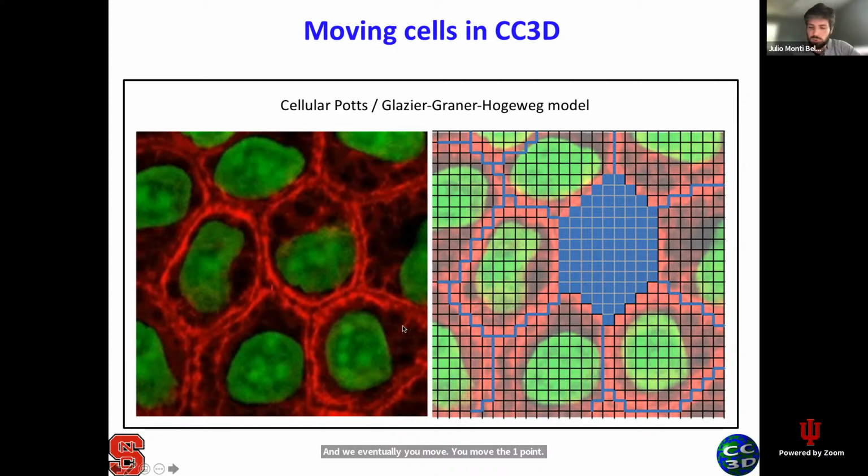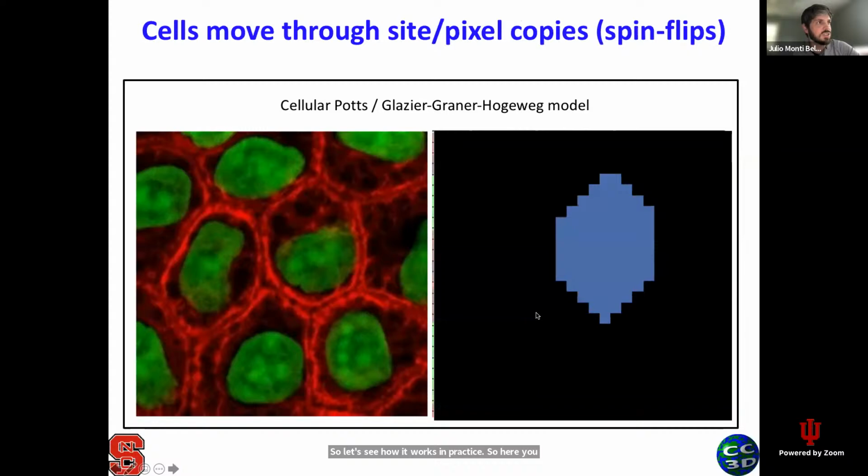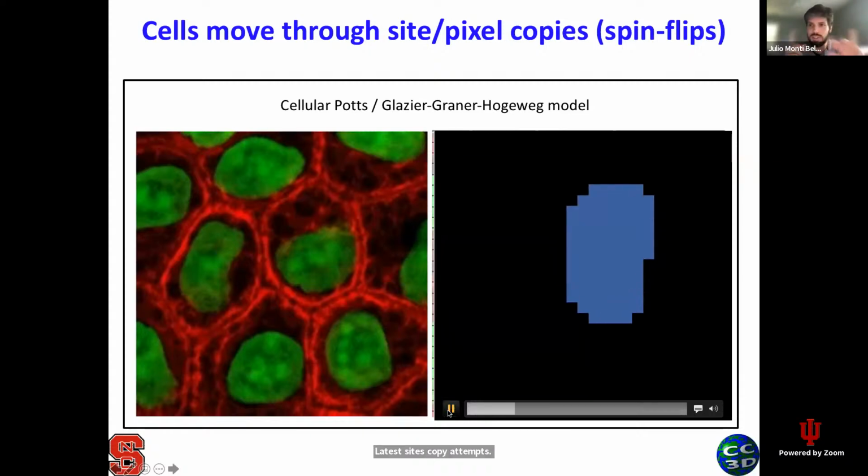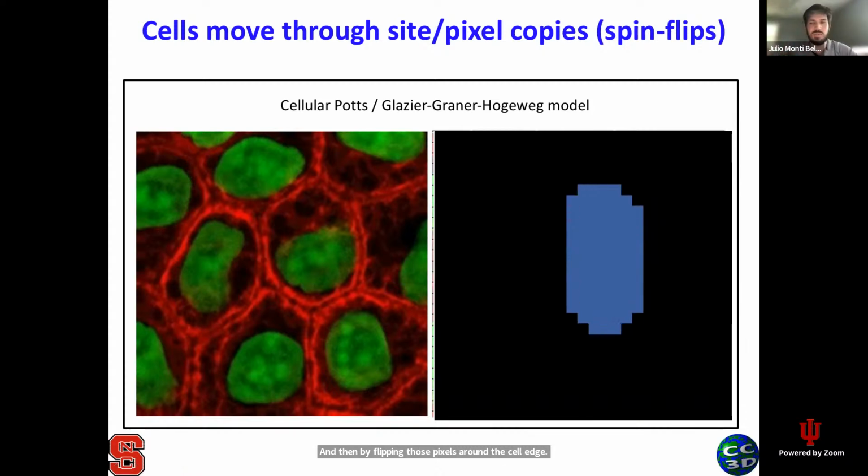So let's see how it works in practice. So here you have your simulation. So that's the initial layout of the cell. So let's move just one cell here. And now the way that cell moves is just by a series of lattice site copy attempts, right? And by flipping those pixels around the cell edge, you change the shape of the cell and can move from one point in space to another, as you see here in this video, okay?